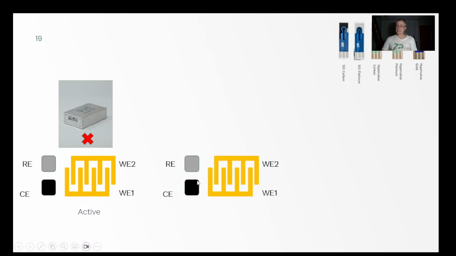I wonder if they're actually thinking about getting rid of the counter and reference, having this kind of array like this, and not having the working electrode 2, but having that as actually a reference and counter. That's more commonly done. When people talk about interdigitated electrodes, they're often talking about really 2 electrodes that are interdigitated, and in fact one of the electrodes is really acting as a reference and counter.